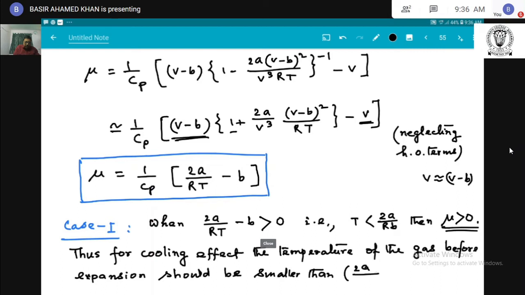So T should be smaller than 2a by Rb for cooling effect.